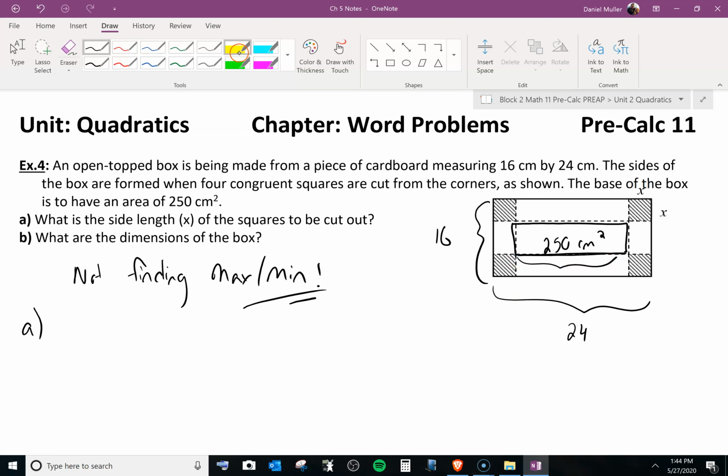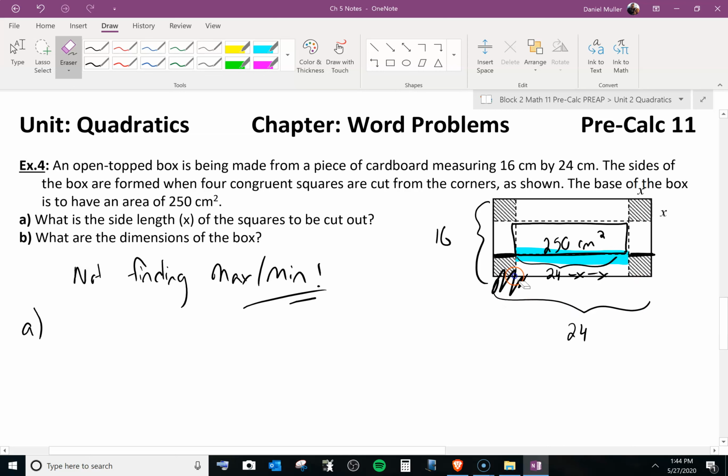Because we know that this whole thing is 24, but what about this? That is actually pretty easy to do. It's 24 minus this distance. Well, what's that distance? That's an x. And what's that distance? That's an x. So it's 24, minus that x, and minus that x, and you just get the inside.